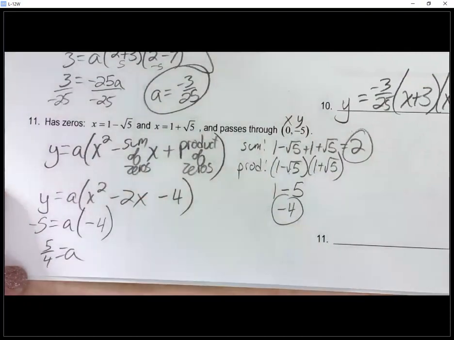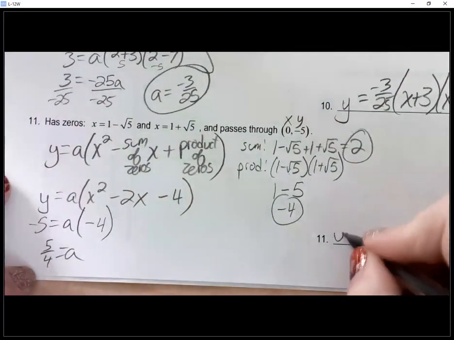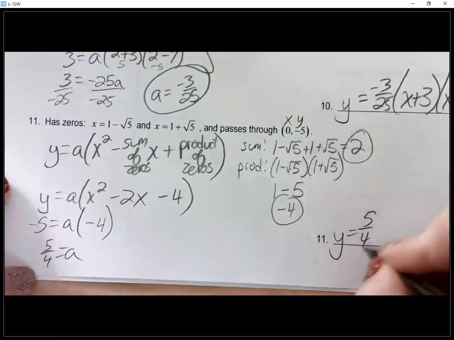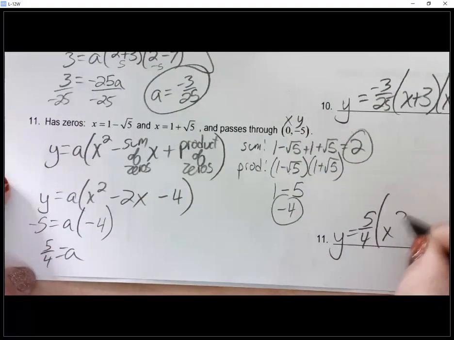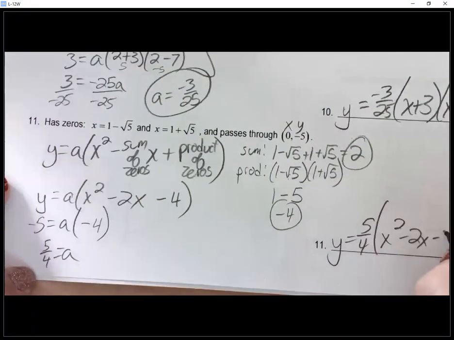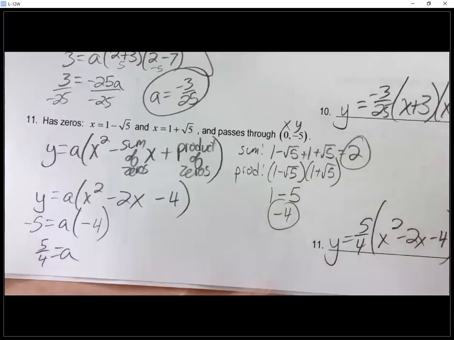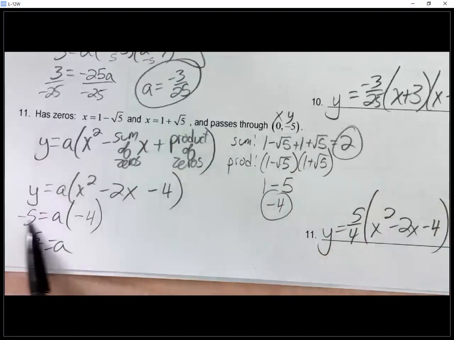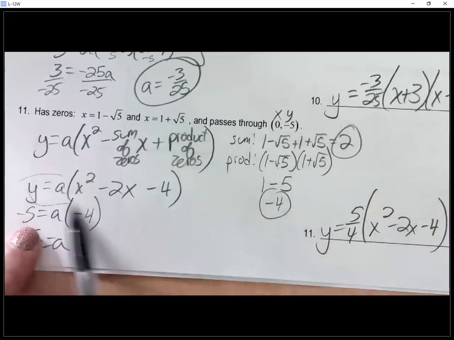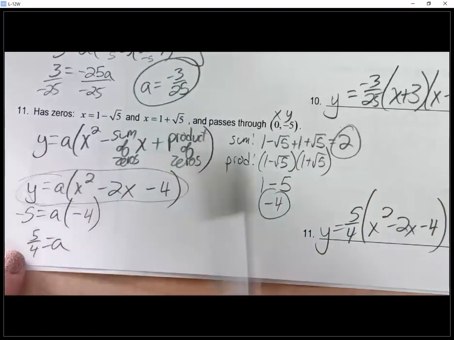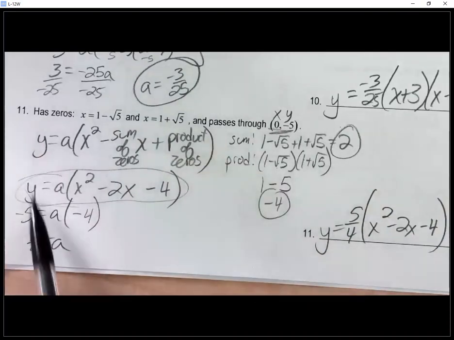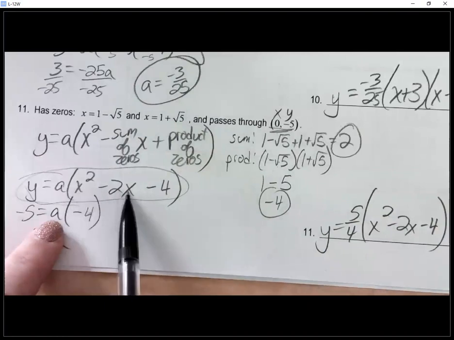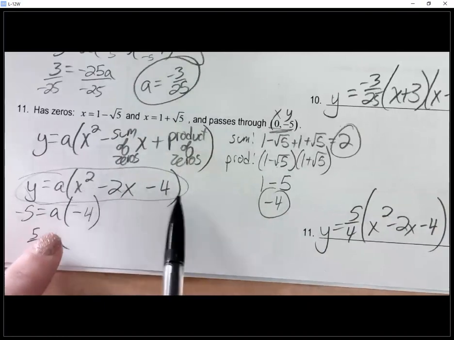Put all my pieces together. Here I'm just taking this equation and plugging in my extra point, 0, negative 5 for X and Y. So Y was negative 5. Since X was 0, all these just went away, right? And I only had negative 4 left.